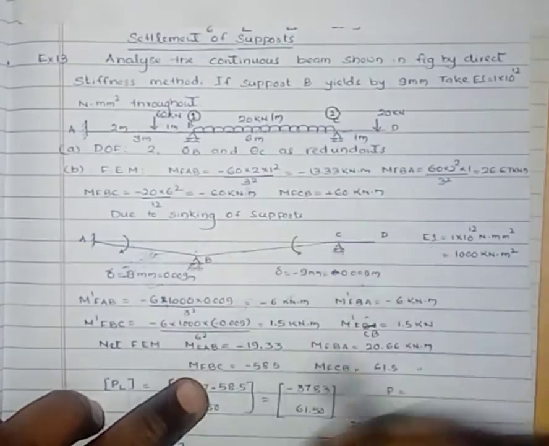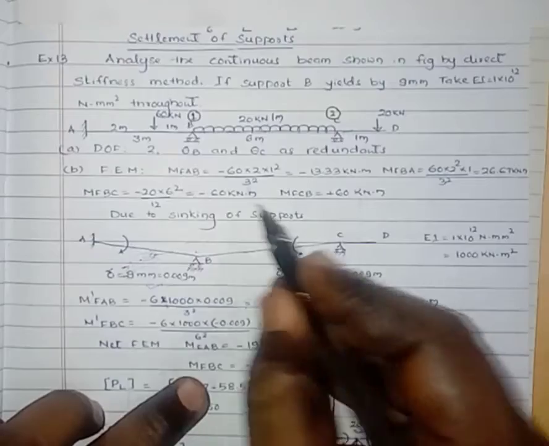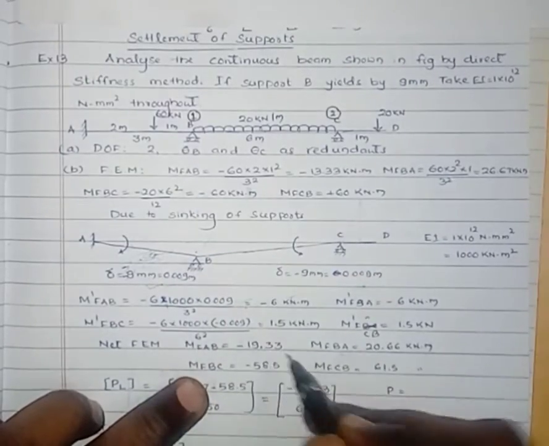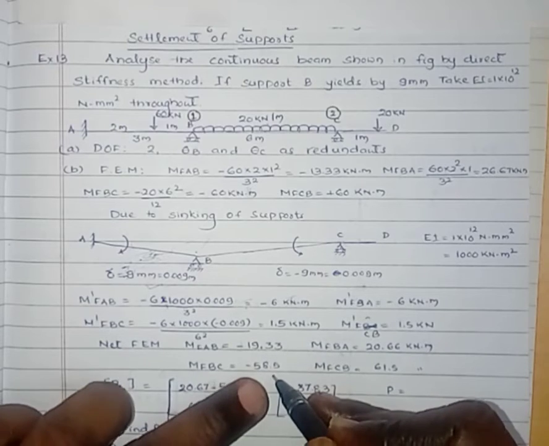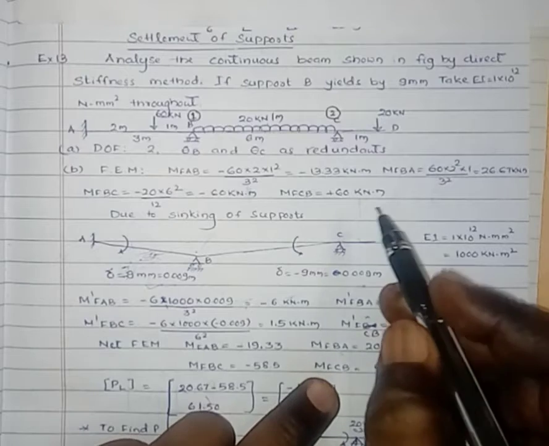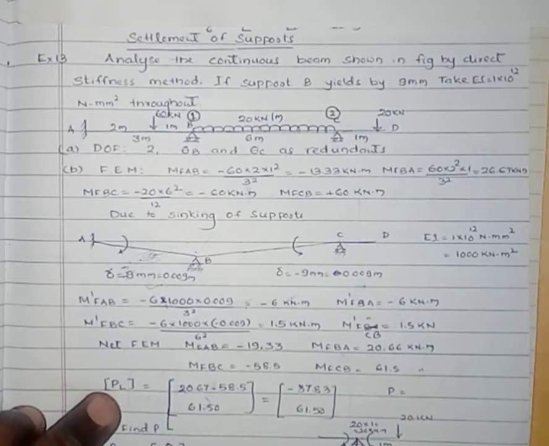In span BC, MFBC, the net fixed end moment, is minus 60 plus 1.5, that is minus 58.5 kilonewton meter. From C to B, it is plus 60 plus 1.5, that is 61.5 kilonewton meter.